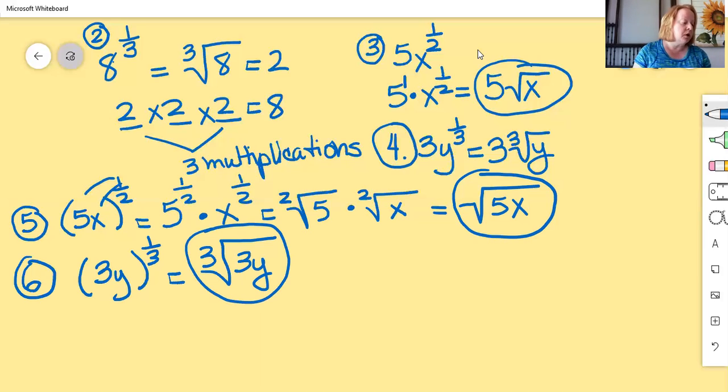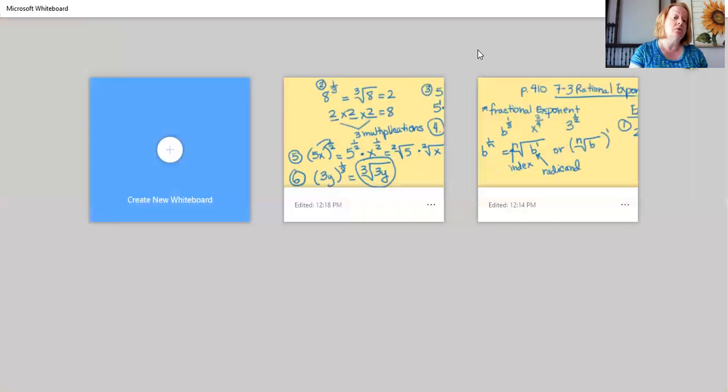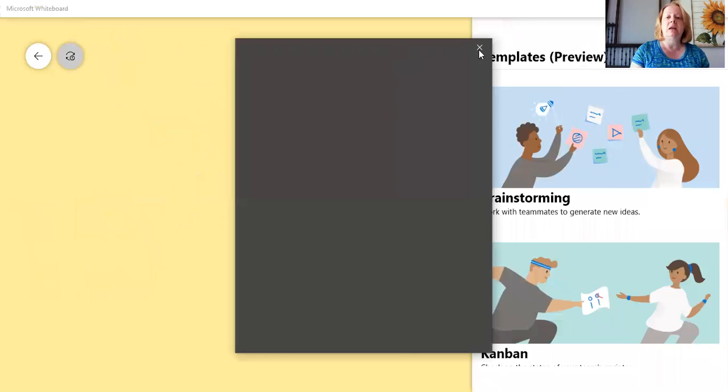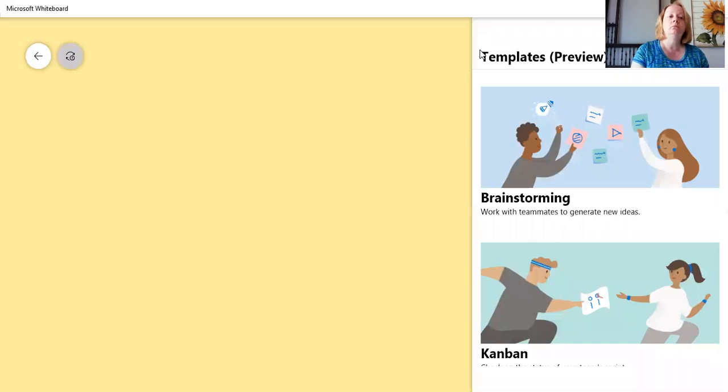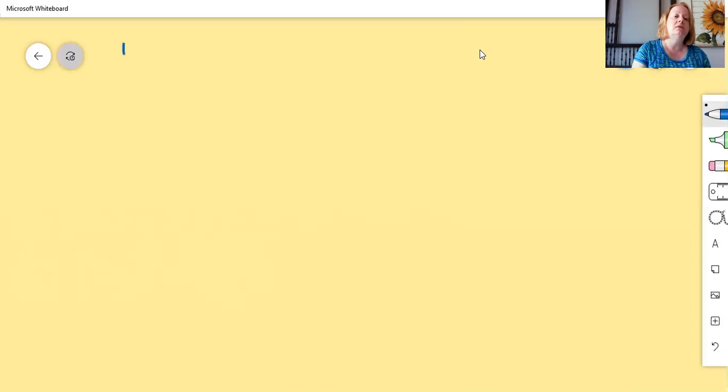Okay, so let's move on to the next part of our lesson and look at what happens if I have a different index here, something other than 3 and 2. Let's say that I have something like this.